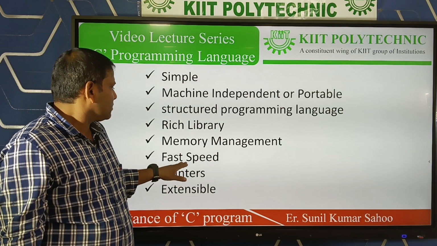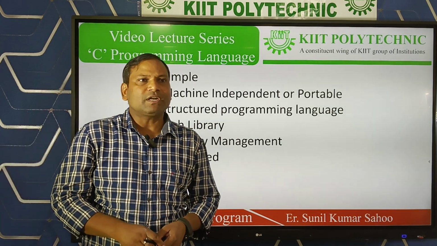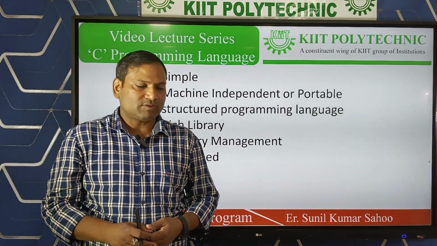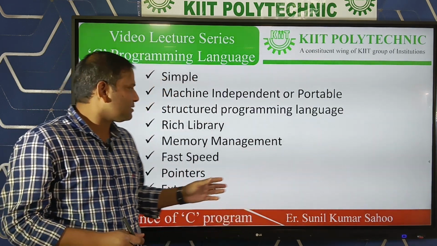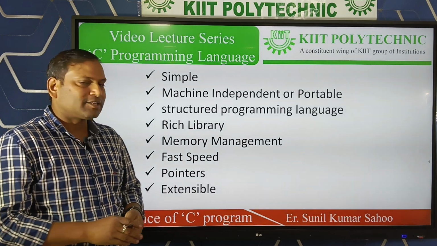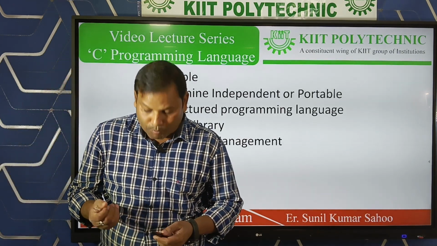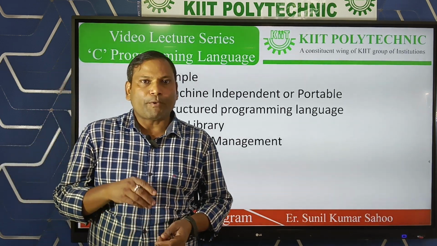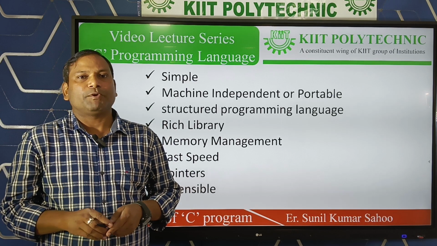The next one is fast. The execution and compilation of the program is faster than other languages. That's why speed is also one of the features of C language. Next one, pointers. Pointers are a very important feature of C language. Through pointers, we can access the memory.